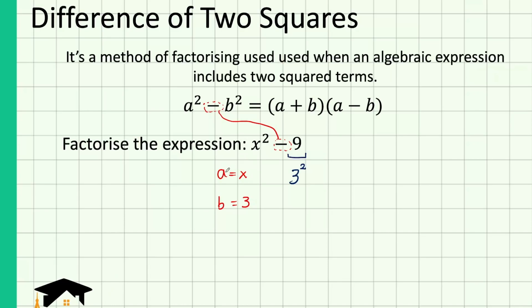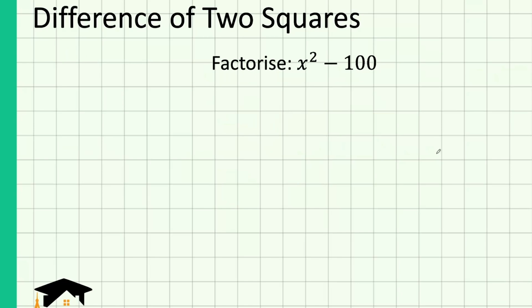Now using these values of a and b, we can substitute in this formula and get x plus 3, that is a plus b, times x minus 3. In this example, we have x squared minus 100. And what we have to realize is that 100 is 10 squared. So this is the same as saying x squared minus 10 squared.